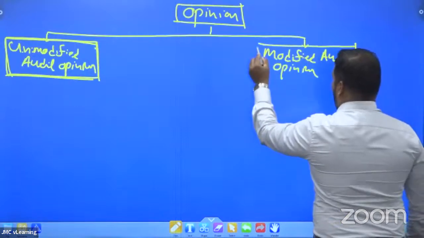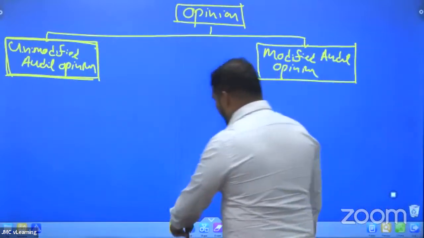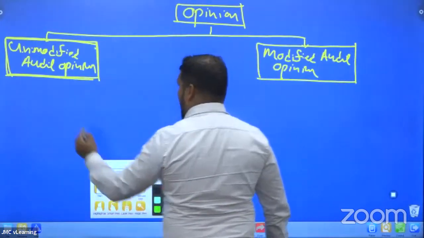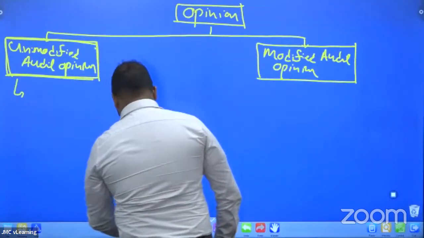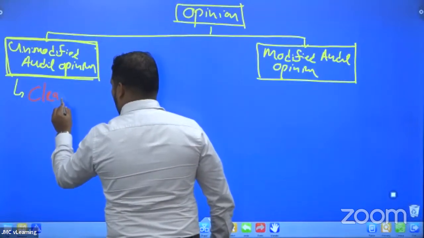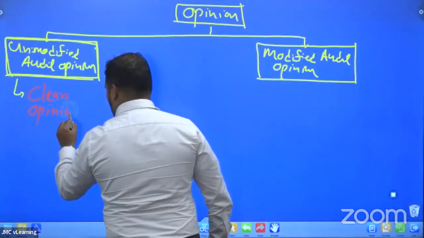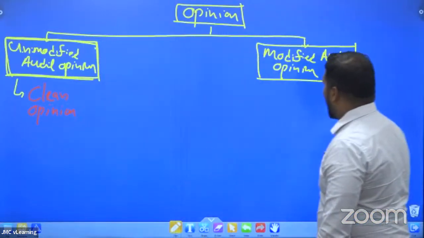An unmodified audit opinion is a situation where, as an auditor, you are expressing a clean opinion.